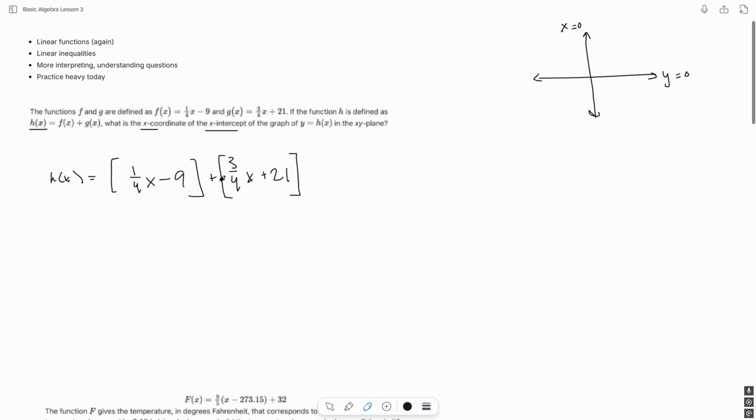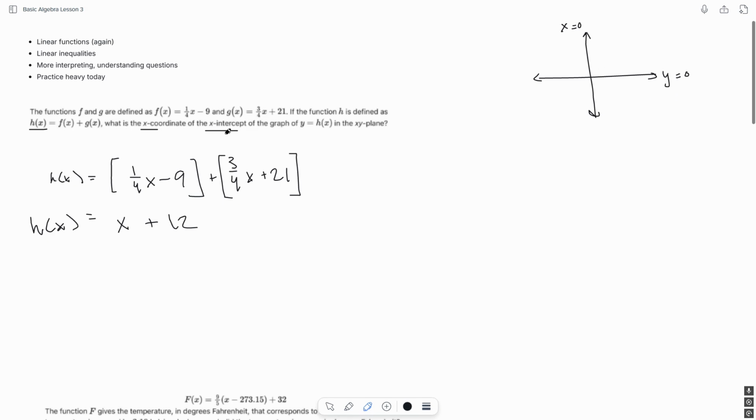For example, if this was a negative, you would actually do minus 21. But we'll get started with this. So you have 1/4 x plus 3/4 x, so that's x, and then we have negative 9 plus positive 21, which is just 12. So we know h of x has to equal x plus 12.